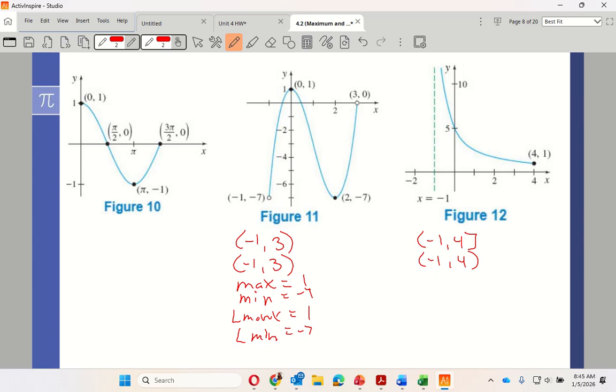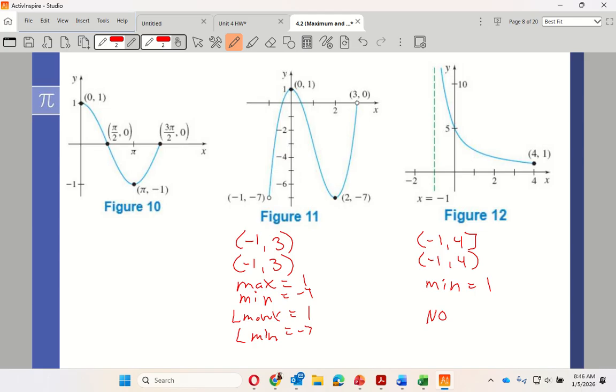It is an absolute, isn't it? So it is a min. But there's no extreme values. There's no local. Why is there no local? Oh, yeah. Can't be endpoints, right?